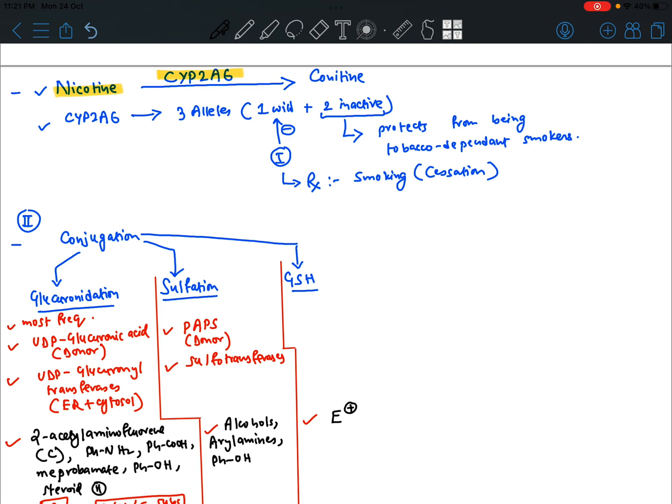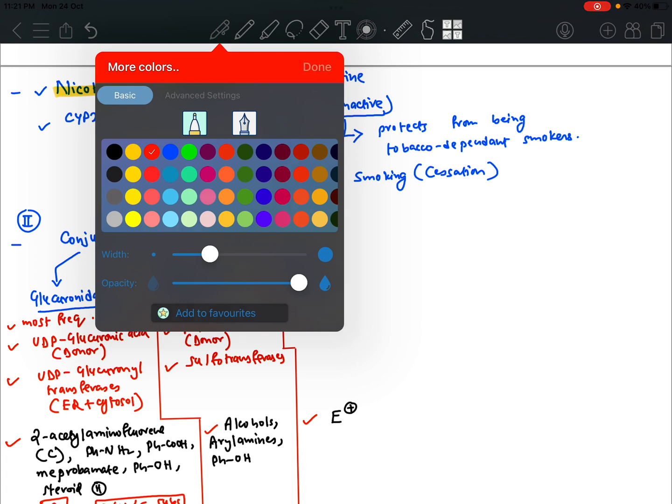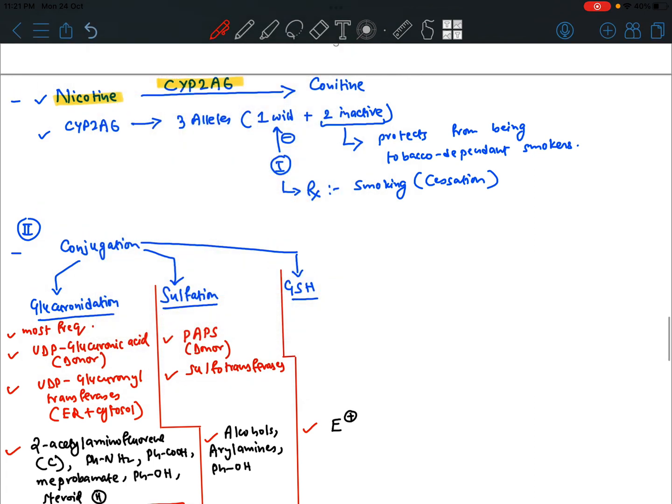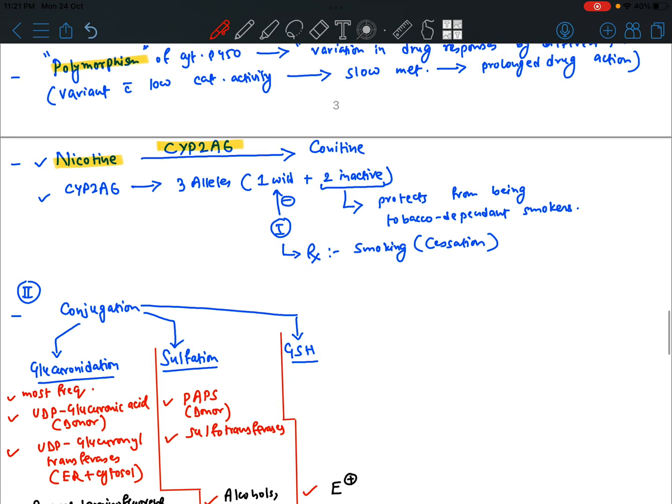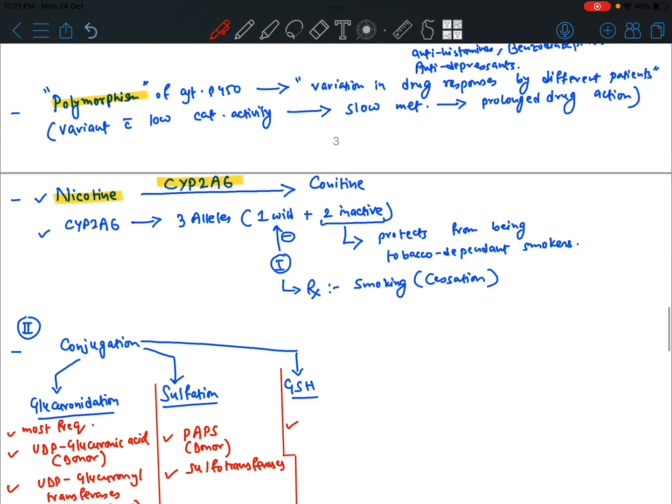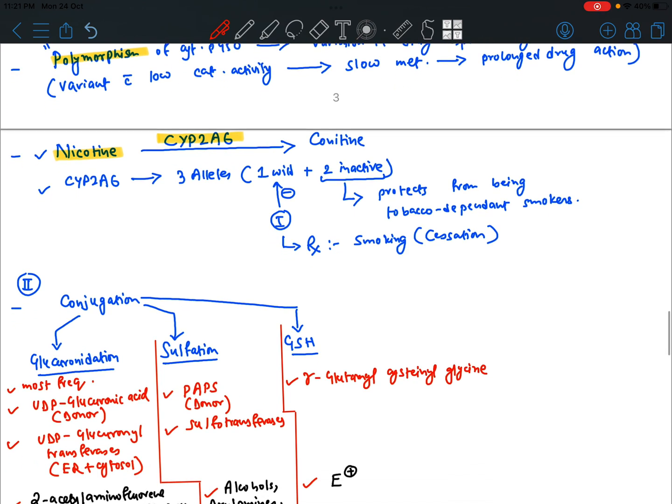Obviously the donor here is glutathione. What is glutathione? It's gamma glutamyl cystinyl glycine. So yes, this is glutathione.